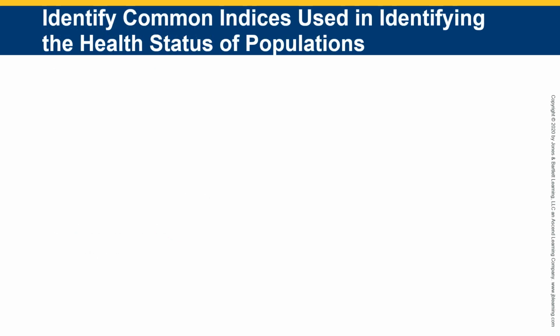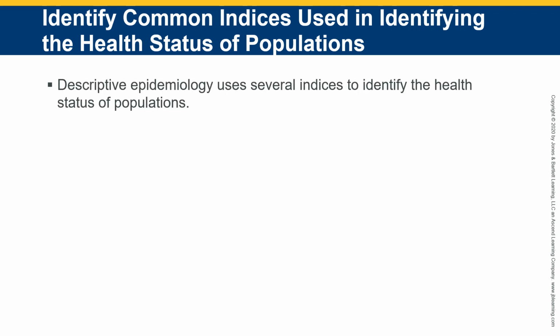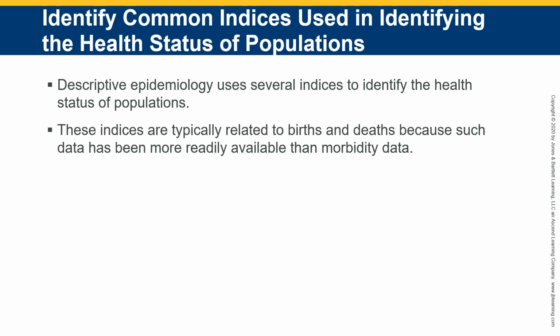So some common indices are used to identify the health status of a population. Descriptive epidemiology uses several, and these indices are typically related to births and deaths because such data is more available.